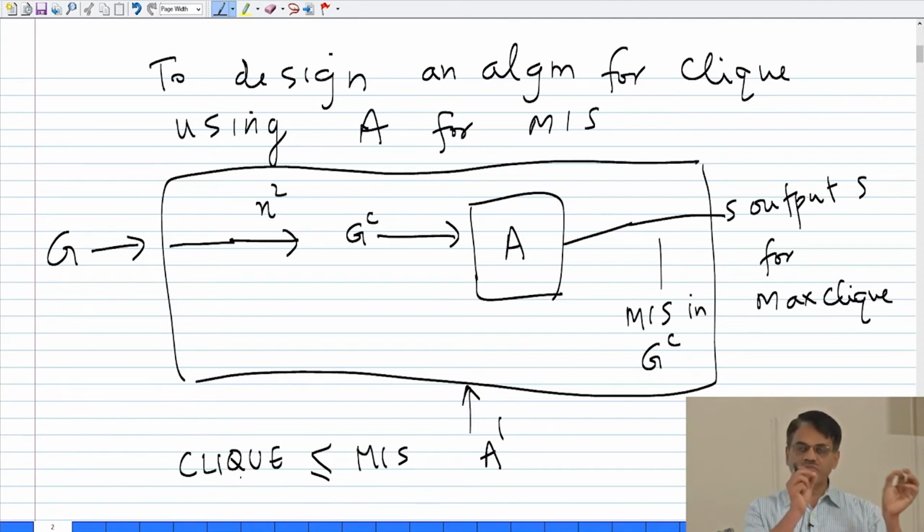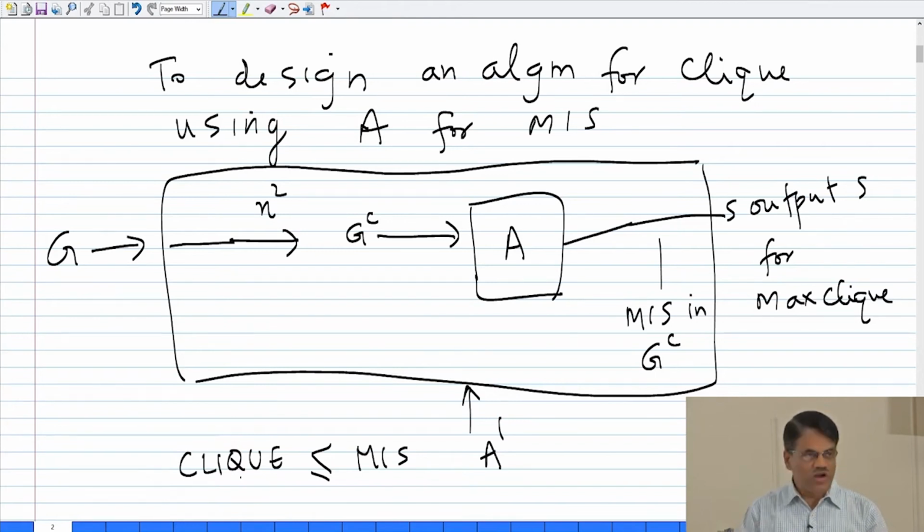We take that graph and feed it to my network flow algorithm. Well, my network flow algorithm needs capacities. So, I added capacity 1 for every edge. I fed it to my network flow algorithm. From the output, I know the answer. So, using subroutines is something we always do in your programming anyway. So, that is what it is.